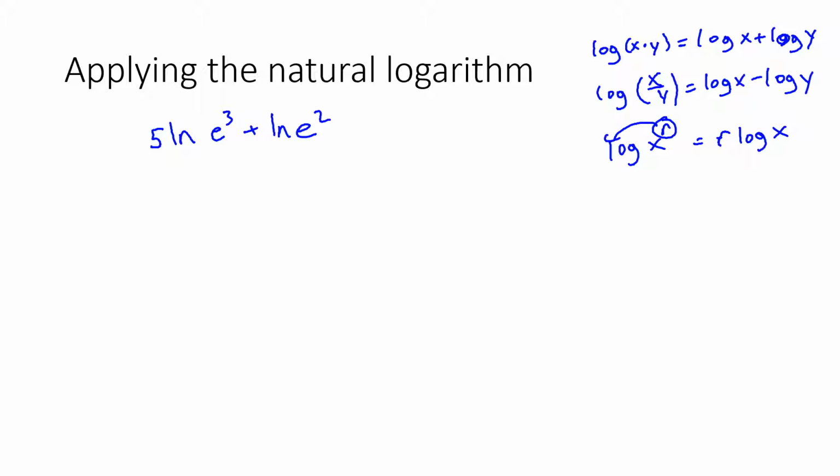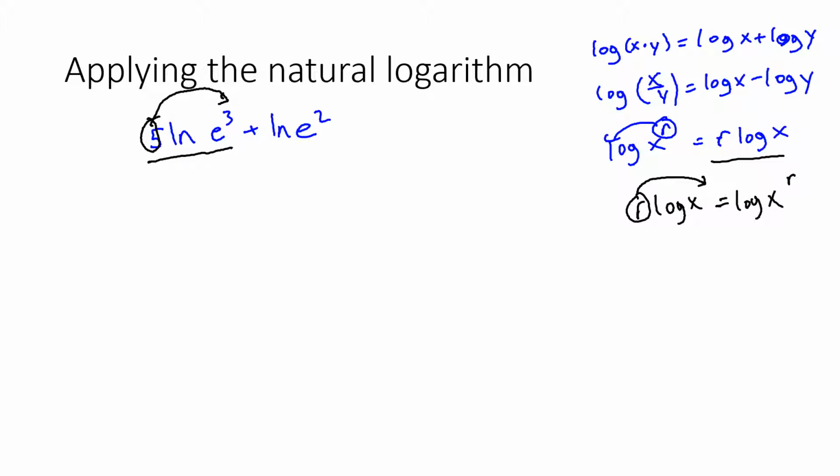Notice that that's what's happening here. We have this 5 in the front, just like how we have this r in the front. So just like how r log x, we would say take this and put it here as the power. So now we can write it just as log of x to that power. We can take this 5 and put it as an additional power here.